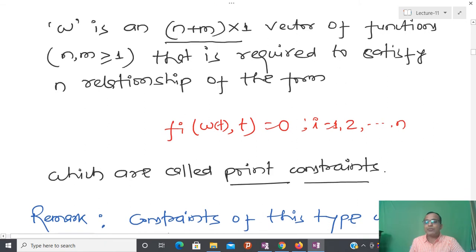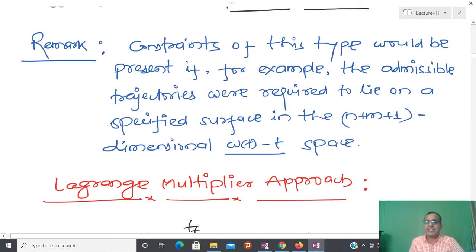In optimization problems, this kind of constraint is present whenever we have a certain class of problem related to tracking or path generation. Whenever we are talking about robotics, I have certain constraints and we have to enforce certain conditions on the trajectory.